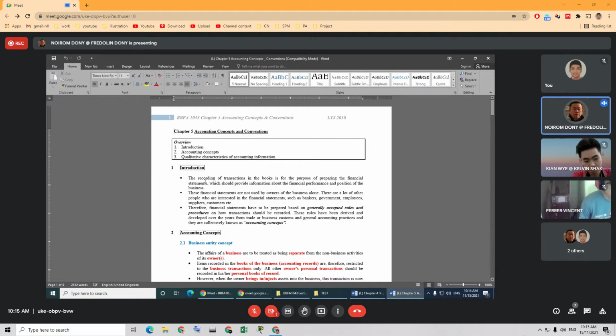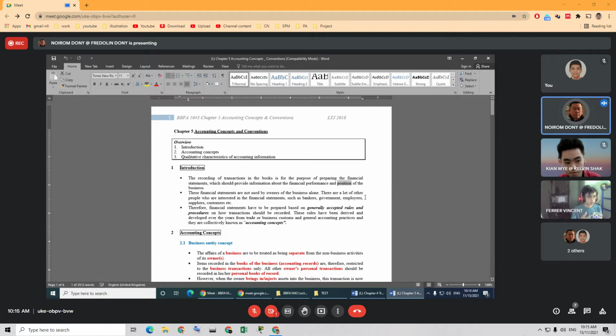The statement of profit or loss shows the financial performance, where we see the net profit of the business entity. The financial position refers to the statement of financial position, showing the assets, the equity, and the liabilities of the business entity.